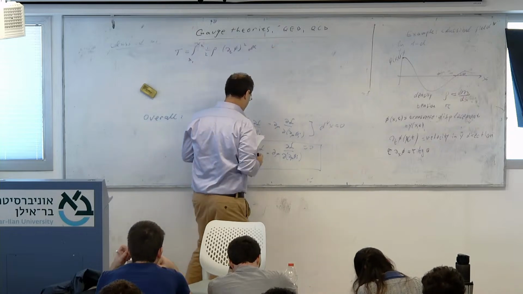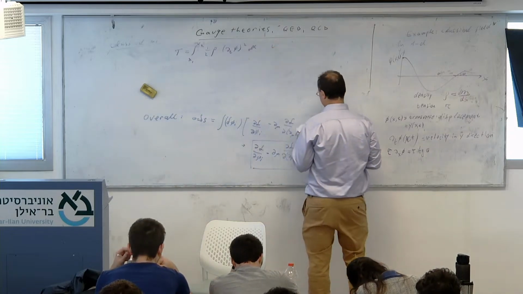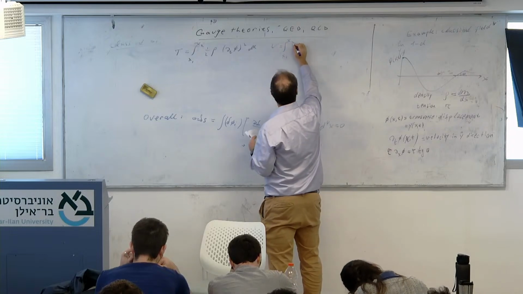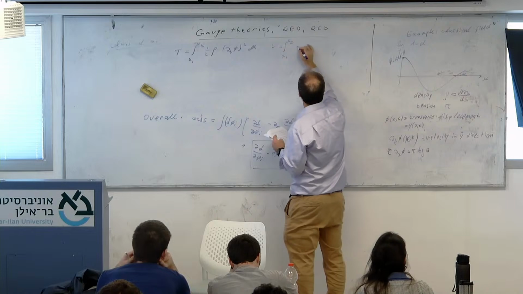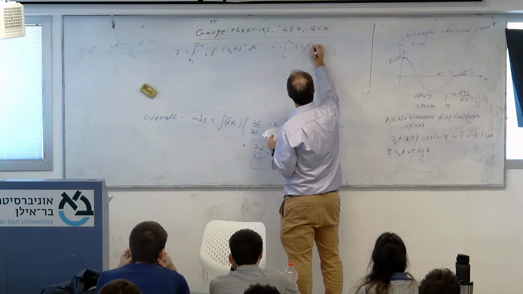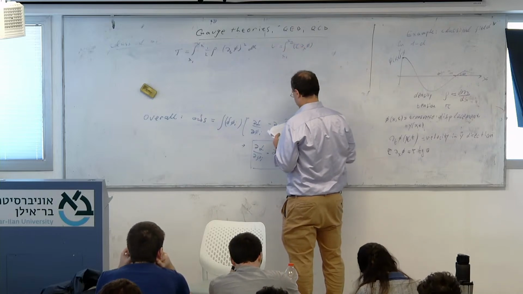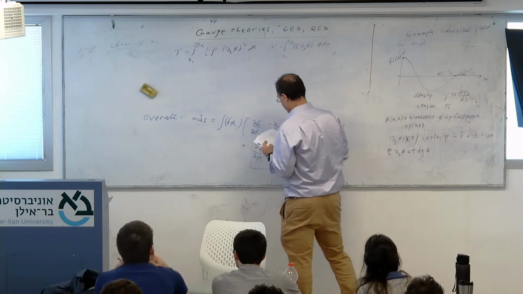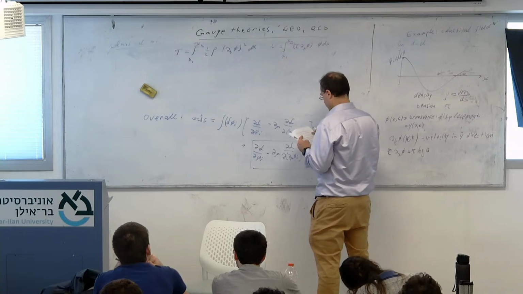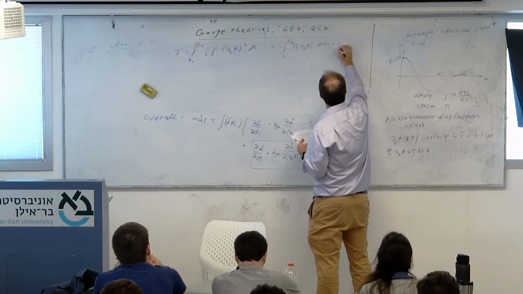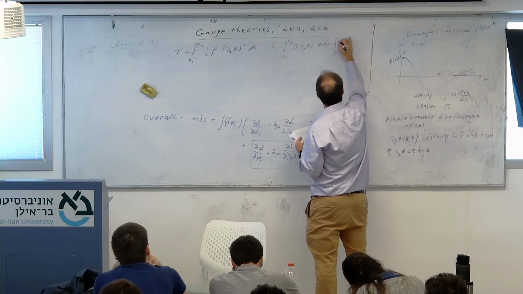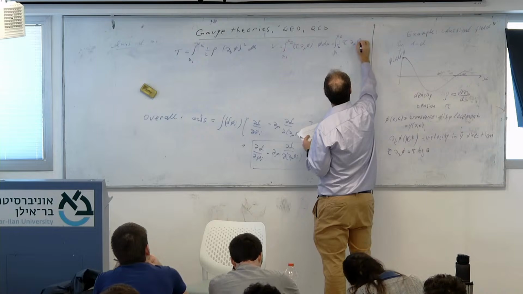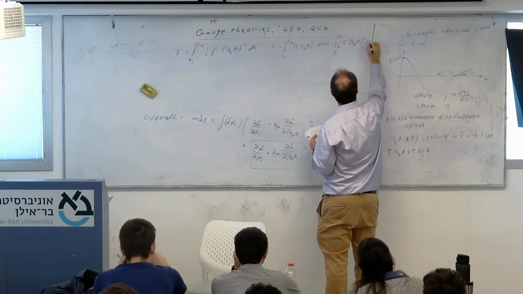And the potential V is the integral from x1 to x2 of tau dx phi times phi dx. So we need a half, which is the integral from x1 to x2 of half tau dx phi squared dx.